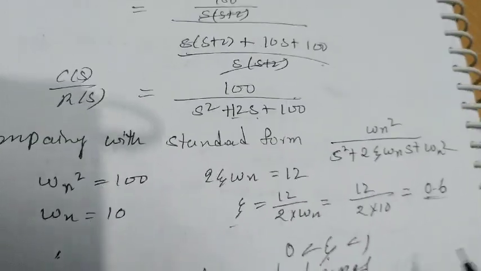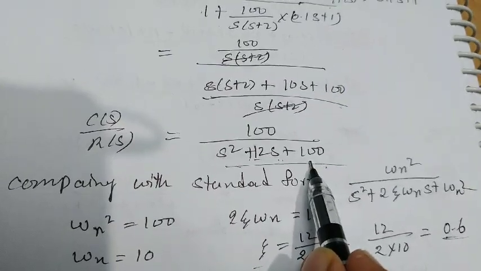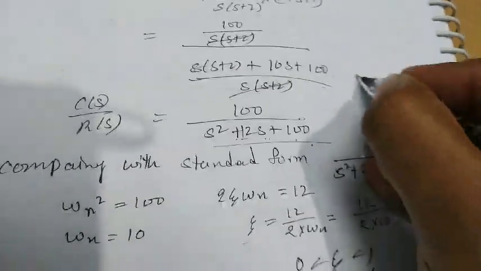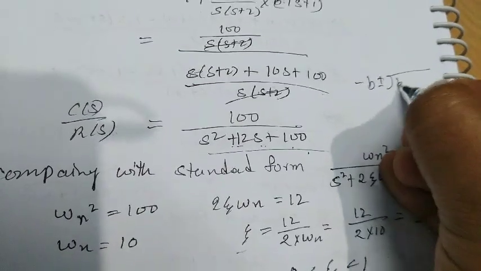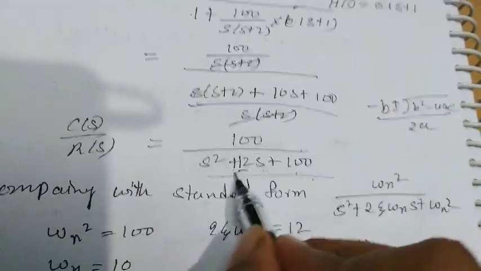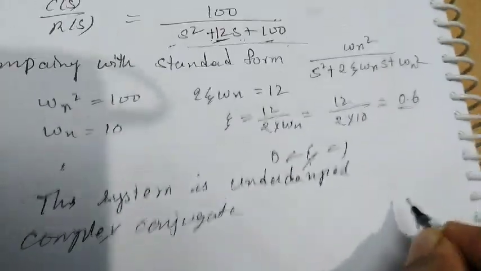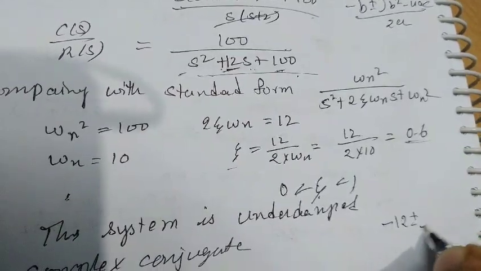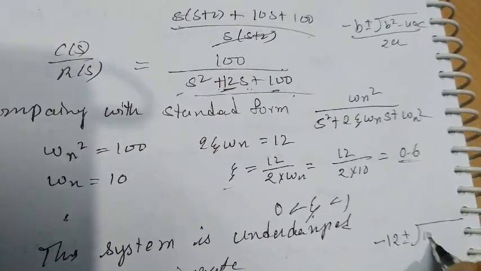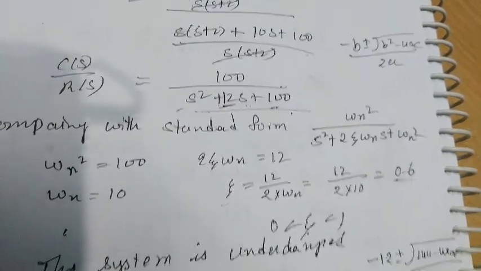Let us find the roots for this system. From the denominator we will find the roots. So s square plus 12s plus 100, we have to find the roots by using the formula minus b plus or minus under root b square minus 4ac by 2a. From this, b is 12, a is 1 and c is 100. So if I substitute in this, I'll get the roots: minus 12 plus or minus under root 12 square, which is 144, minus 4 into a into c, where a is 1 and c is 100, divided by 2a.